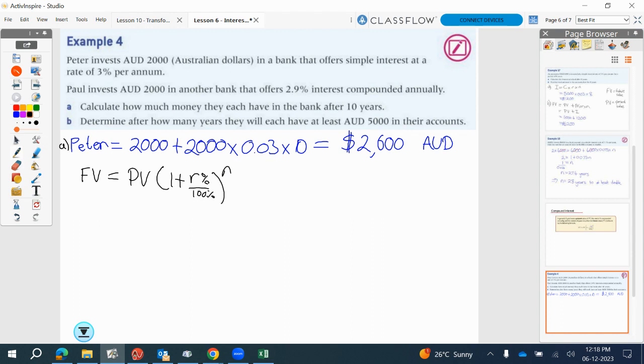This is on the formula sheet. But I will enter it like this for Paul. The present value is 2,000 times 1.029 to the 10.